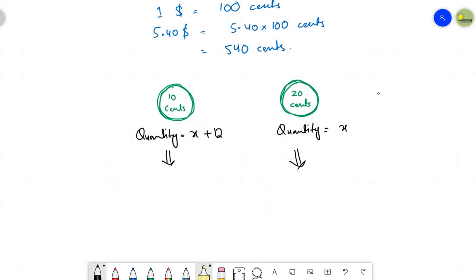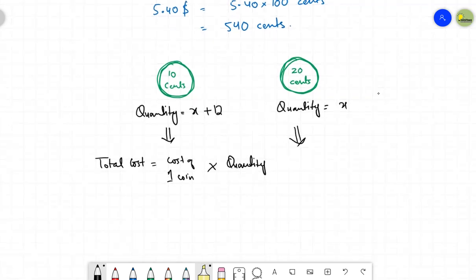To find the total cost of 10-cent coins, you need to multiply the worth of one coin, which is 10 cents, with the quantity, so that you get the total worth of the 10-cent coins he has. So the cost of one coin is 10, multiplied by the quantity, x plus 12.